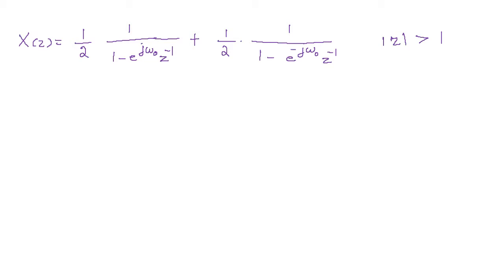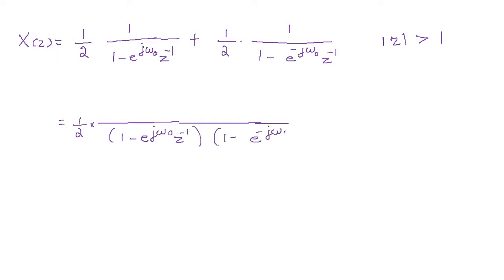You can simplify this, it is left as an exercise for you, or else I can solve it for you. 1 by 2 is a common factor, then take the LCM, 1 minus e raised to j omega 0 z inverse into 1 minus e raised to minus j omega 0 z inverse.